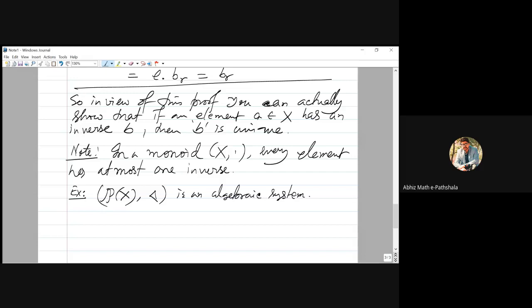Now you need to find out what will be the identity, and if A belongs to the power set of X, whether it does have an inverse. So just check. I would like to give you 3 minutes.